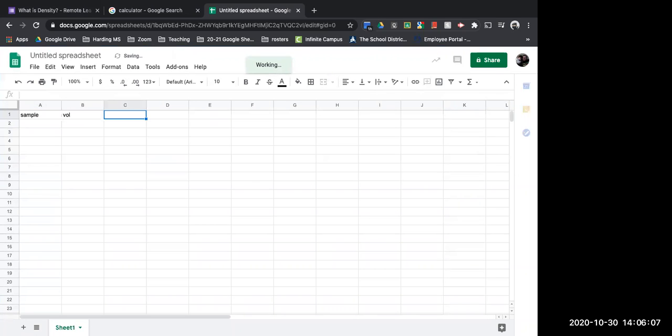Sample, volume, hold on a sec. That would be volume in cubic centimeters. There's that cubic button there. All right, mass in grams, density in grams per cubic centimeter, equals, and then you would go material.